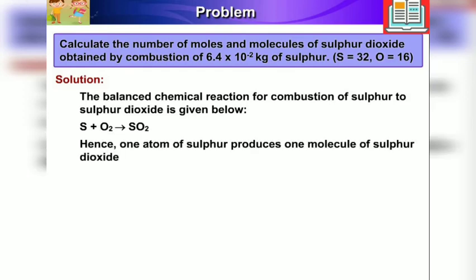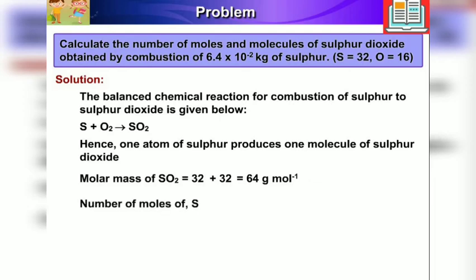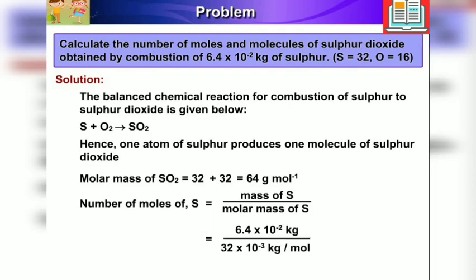Hence, 1 atom of sulfur produces 1 molecule of sulfur dioxide. Molar mass of SO2 equals 32 plus 32 equals 64 grams per mole. Number of moles of sulfur equals mass of sulfur upon molar mass of sulfur, 6.4 into 10 raised to minus 2 kilograms upon 32 into 10 raised to minus 3 kilograms per mole, equals 2 mole.